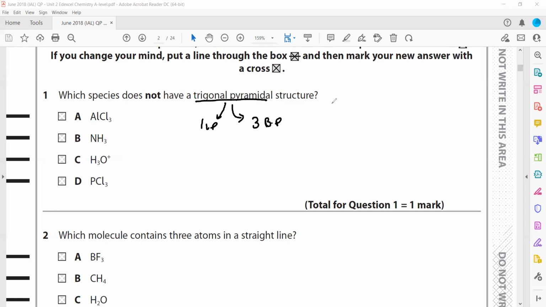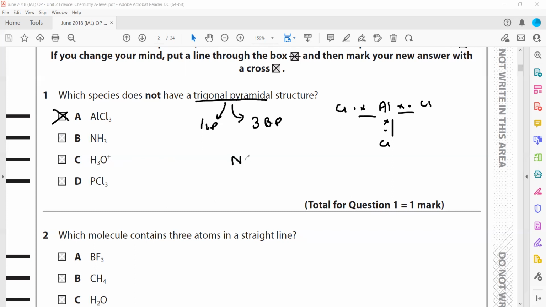So AlCl3, aluminum trichloride, when we draw it, 3 bond pairs are there and there is no lone pair. So 3 bond pairs, no lone pair, it will not be trigonal pyramidal.